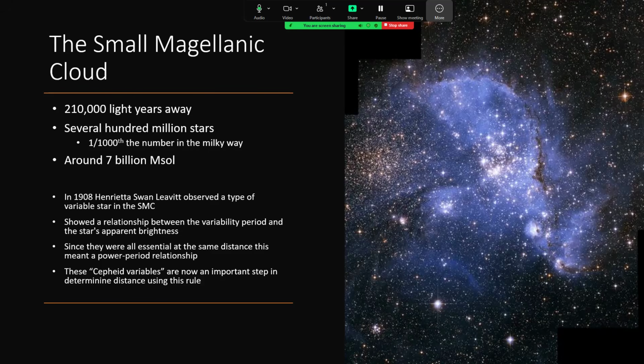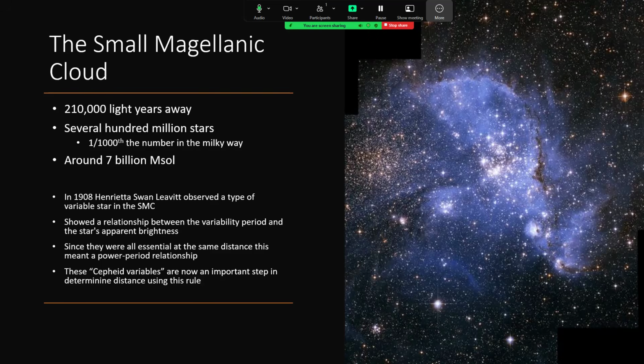And now we use this all the time as part of our cosmic distance ladder, because if you measure the period, you can know the true power of the star. And if you know the true power, you can compare that with its apparent brightness, wherever it happens to be. And using the standard candle rule, you can work out how far away it is.